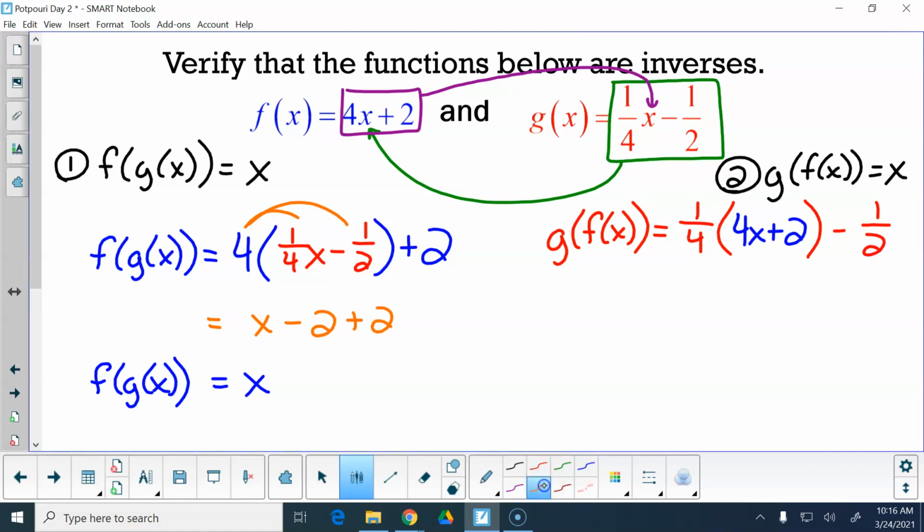Again, distributing. 1/4 times 4 is 1 times x is x. 1/4 times 2 is 2/4, which reduces to 1/2. 1/2 minus 1/2 is just x.